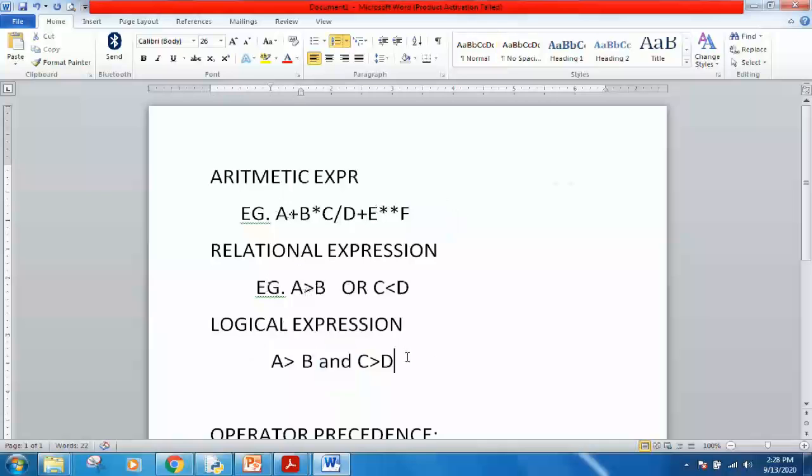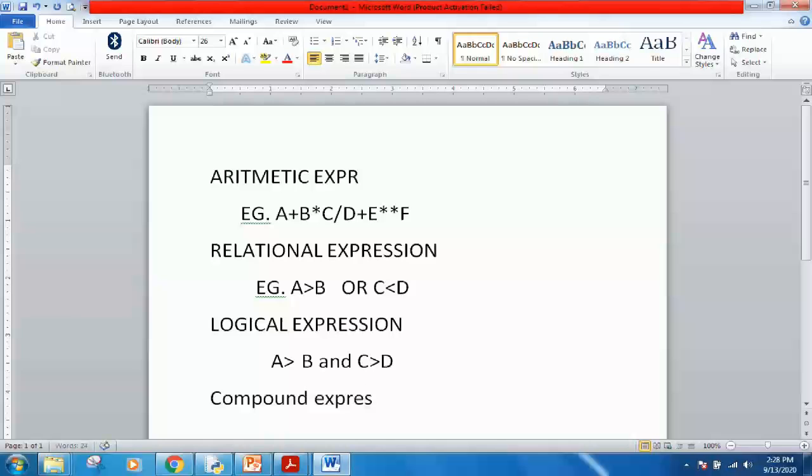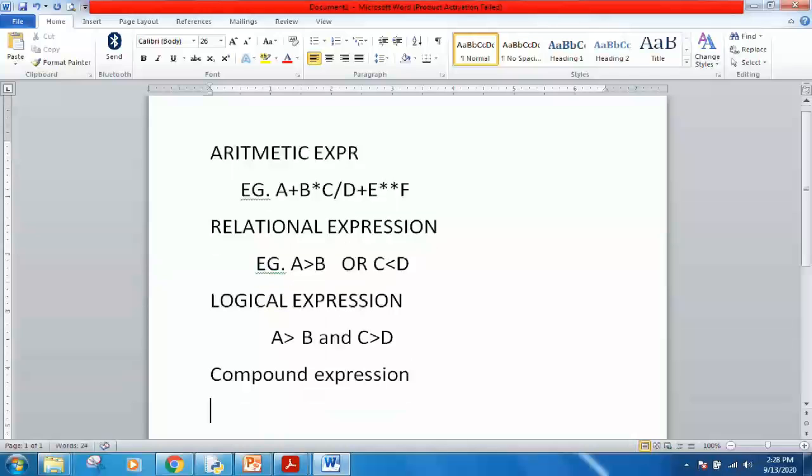Now in an expression you can see that multiple operators can also be there. There can be compound expressions also. Compound expression means when relational, arithmetic and logical are all present in a single expression.